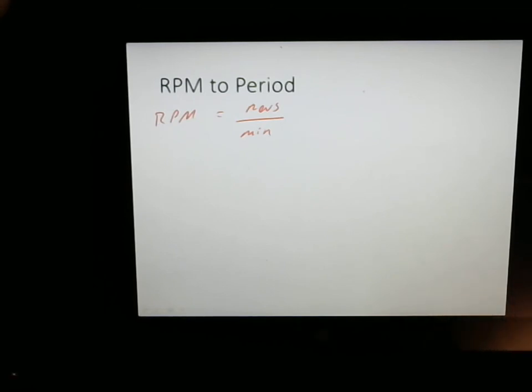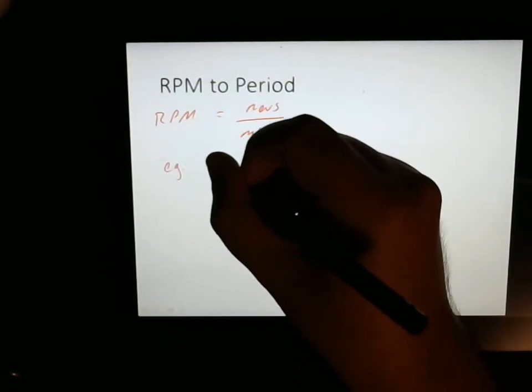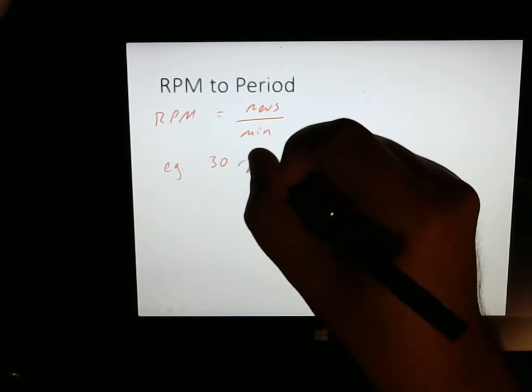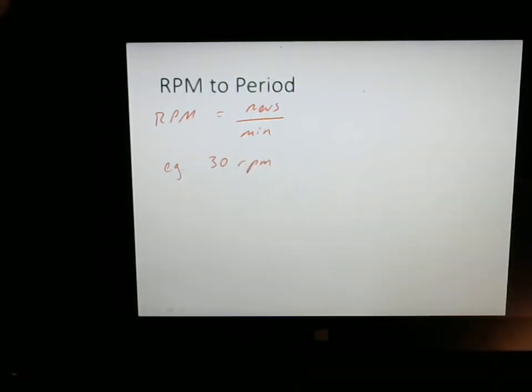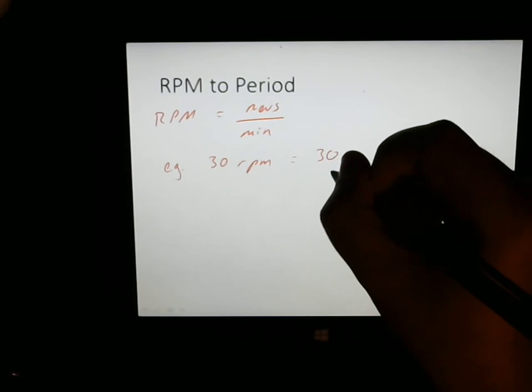Let's do an example, say 30 RPM. That's telling me that it will do 30 full revolutions in 60 seconds, equals 30 over 60.